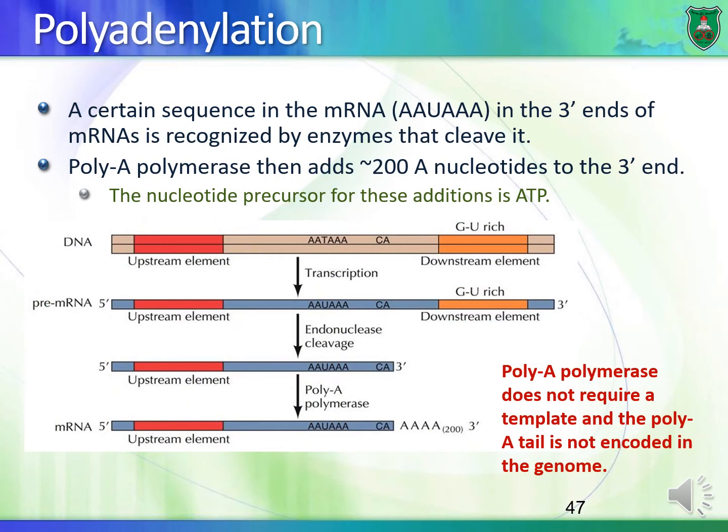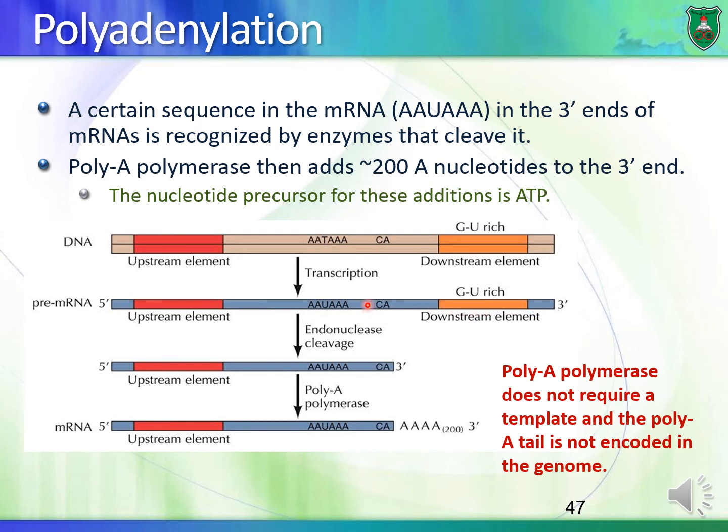Then, so we talked about splicing, and then we have polyadenylation. And polyadenylation is associated with termination of transcription. So remember how you have synthesis of the sequence AAUAAA in DNA followed by C in RNA followed by CA followed by GU-rich sequence.